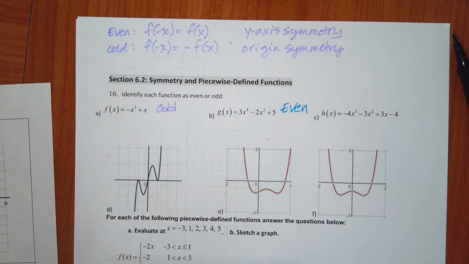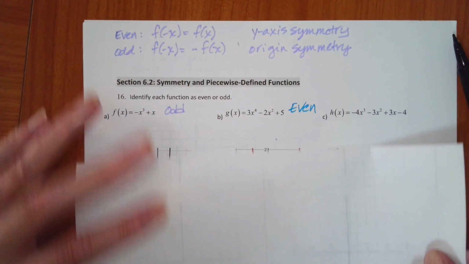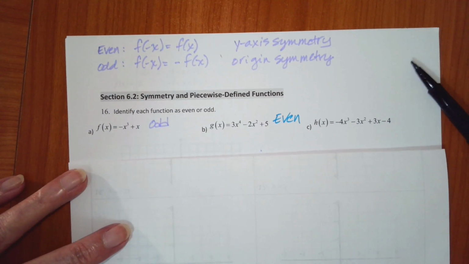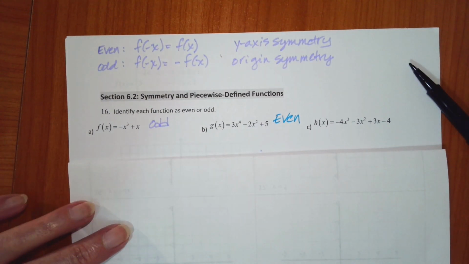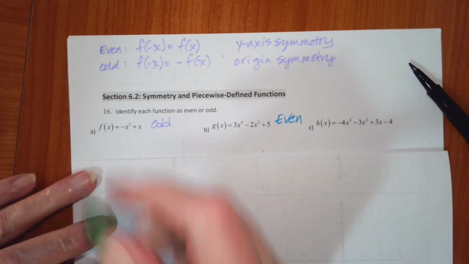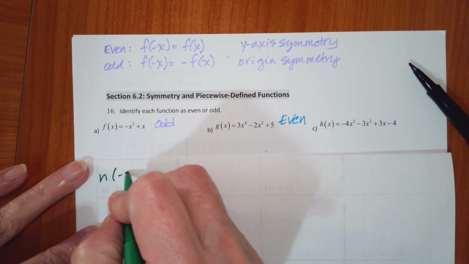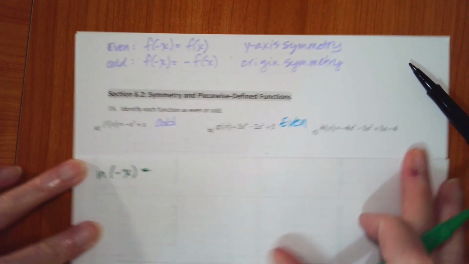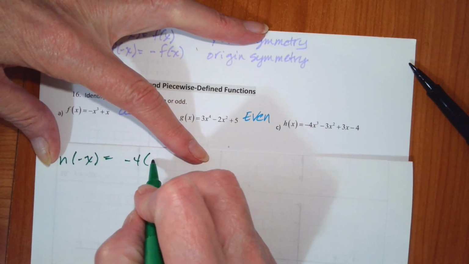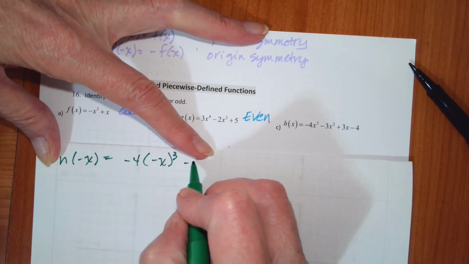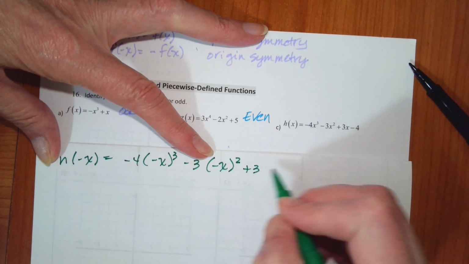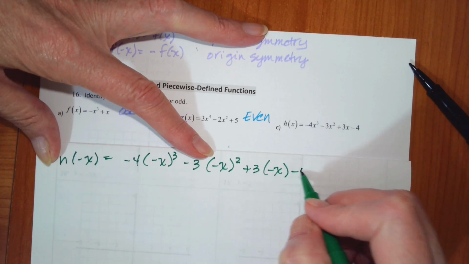Okay, let's do the next one. So let's look at h of x. Then h of negative x is equal to negative 4 times negative x to the third minus 3 times negative x to the second plus 3 times negative x minus 4.